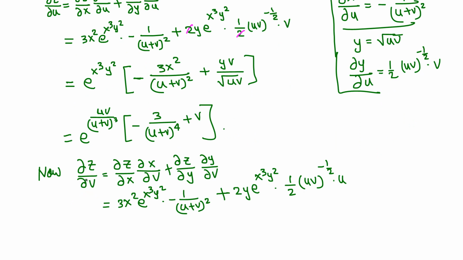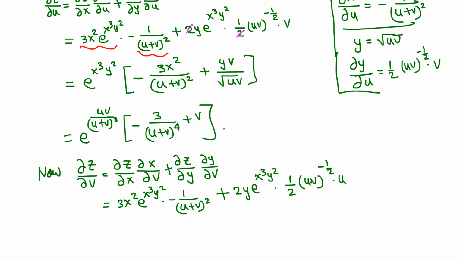From similar work as last time, if we use the chain rule, the partial of g with respect to v is the partial of g with respect to x, partial of x with respect to v, and so on. The partial of g with respect to x was found earlier, here is the case, times the derivative of x with respect to v, that's times 1, so it comes out the same as here, plus the partial of g with respect to y, same thing as last time, times finally the partial of y with respect to v.